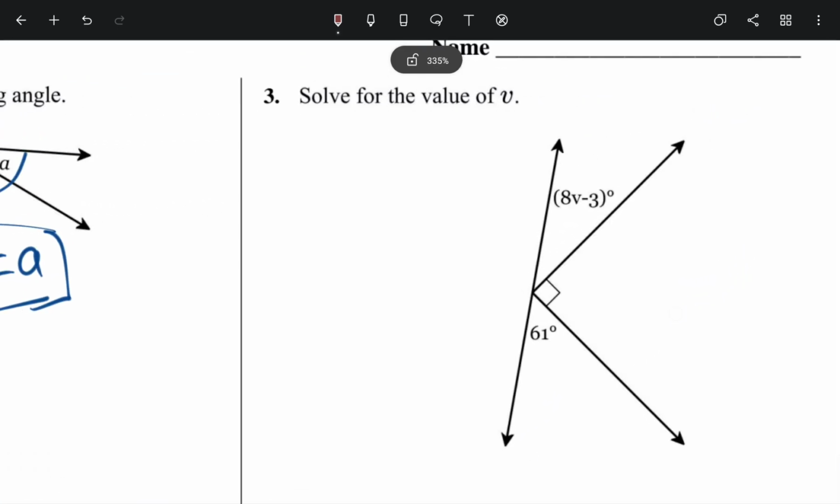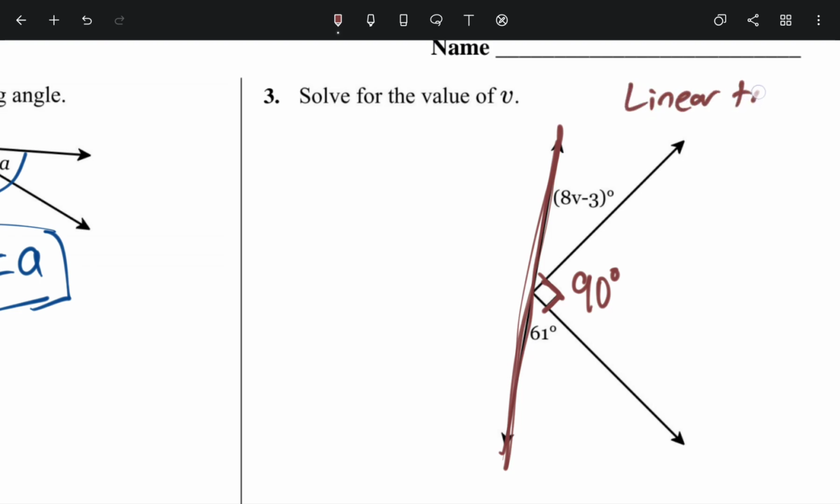Now let's look at number 3. We want to find the value of V. So first we have this little square here, which indicates this is a 90-degree angle, and this is a straight line. So all three of these angles form what's known as a linear triple, which indicates they are supplementary.